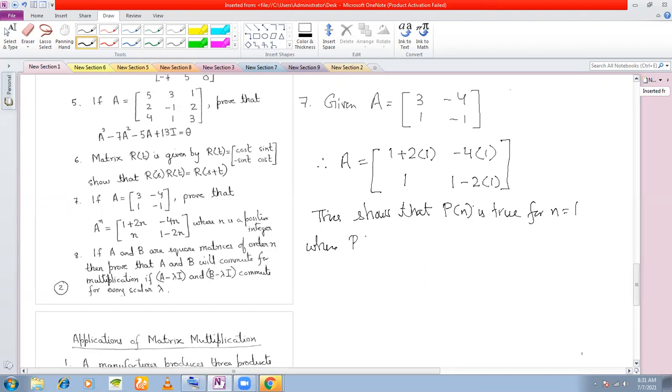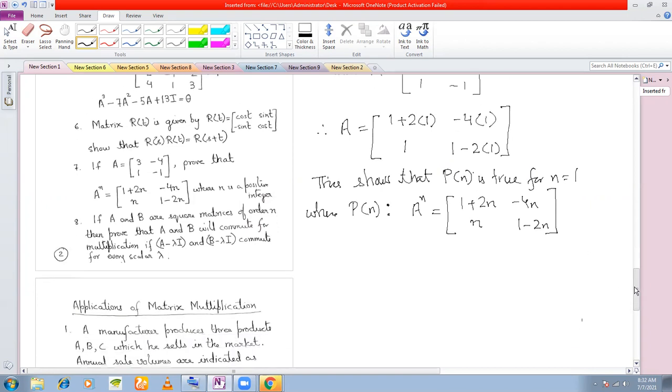Where Pn is the statement, Pn is the mathematical statement that A to the power of n is equal to 1 plus 2n, minus 4n, n, and 1 minus 2n, right? If this Pn is the mathematical statement, that means this Pn holds for n is equal to 1.